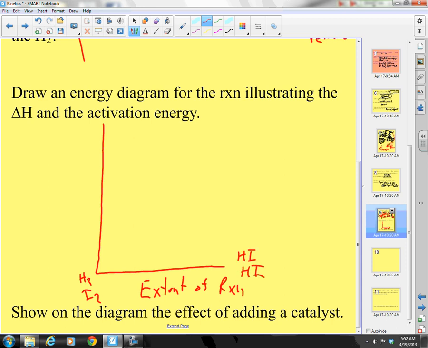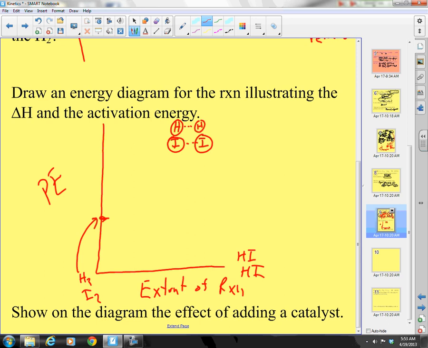And we're going to start, we'll just say, here's my potential energy, and we pick a point. We're going to start here, and that represents the energy of my H2 and I2. Got it? And then what do we say happens? Somewhere up here, we said that my H's are now separated, and my I's are now separated, right? They're not quite bonded to each other.